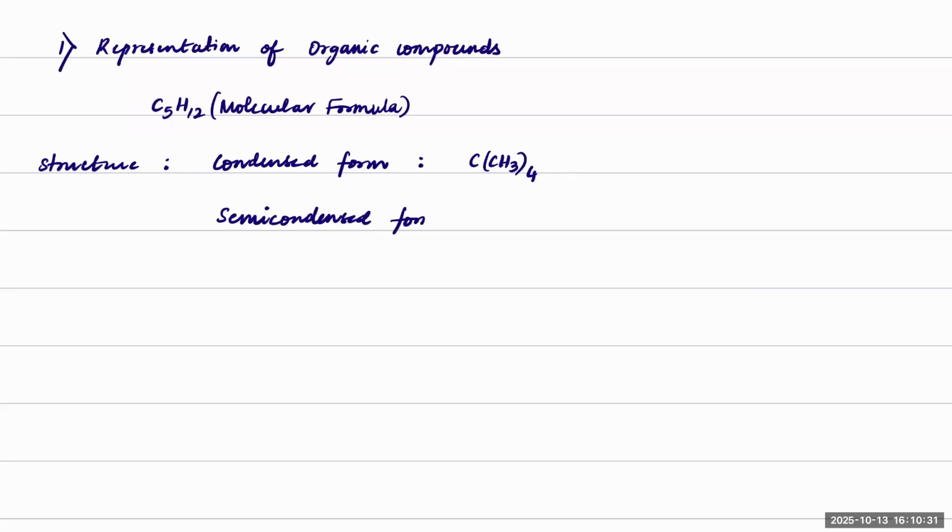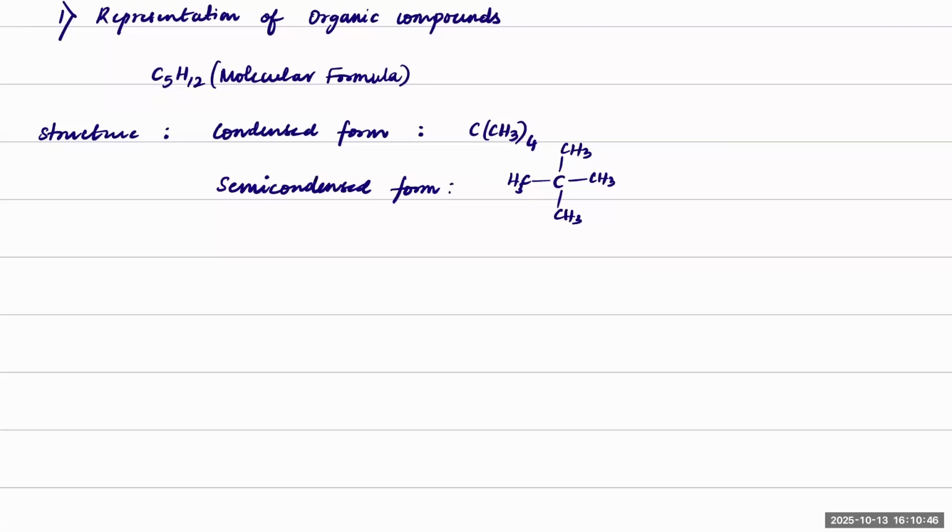Now, the same can also be written as the semi-condensed form, which represents the carbons with the bonds also, between carbon, what type of bonds it is. The rest of the group is the same. This one is called the semi-condensed form. Then we have the bond line form.